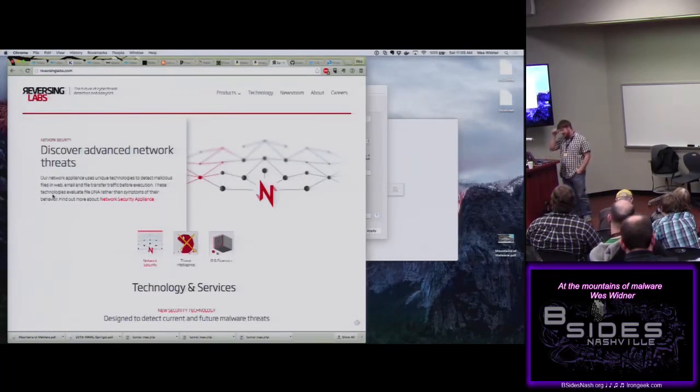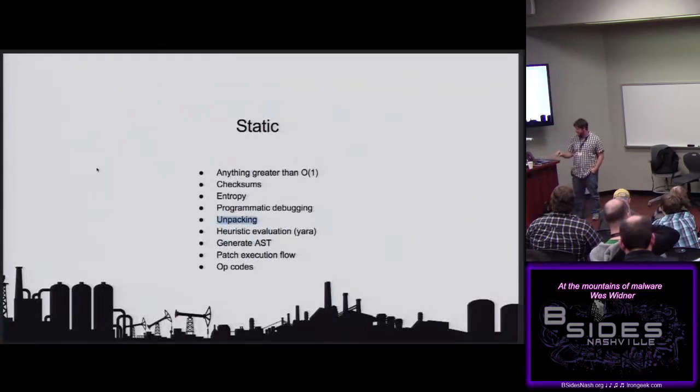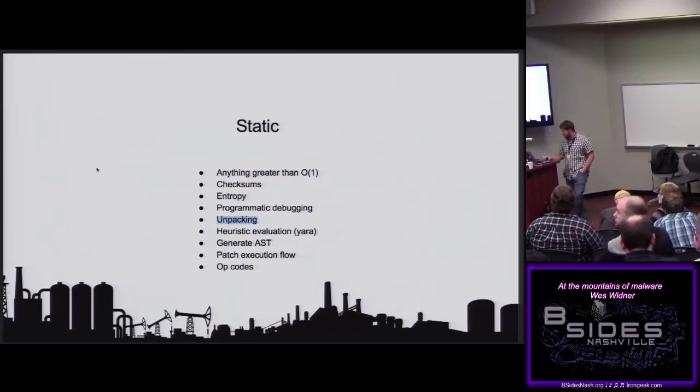There are some open source utilities for unpackers. We'll get into that in just a second. So another static analysis would be features, or heuristic evaluation through YARA rules. Using other vendors, most threat intelligence actually provides a feed of YARA rules as well. Many of them do.